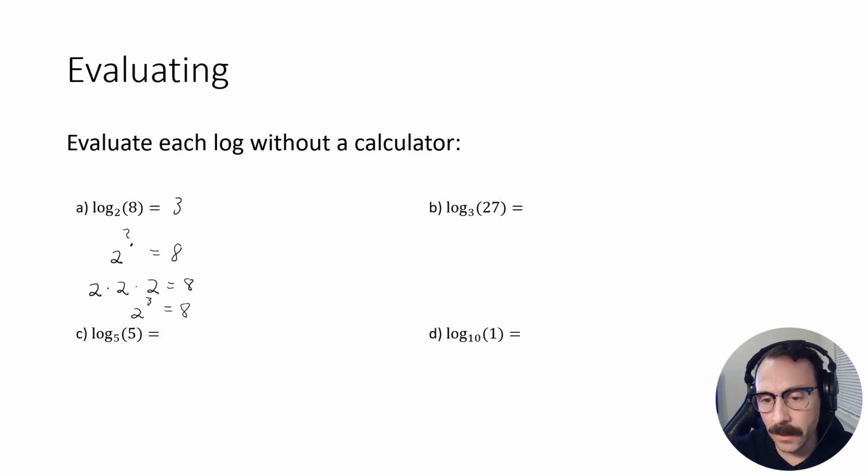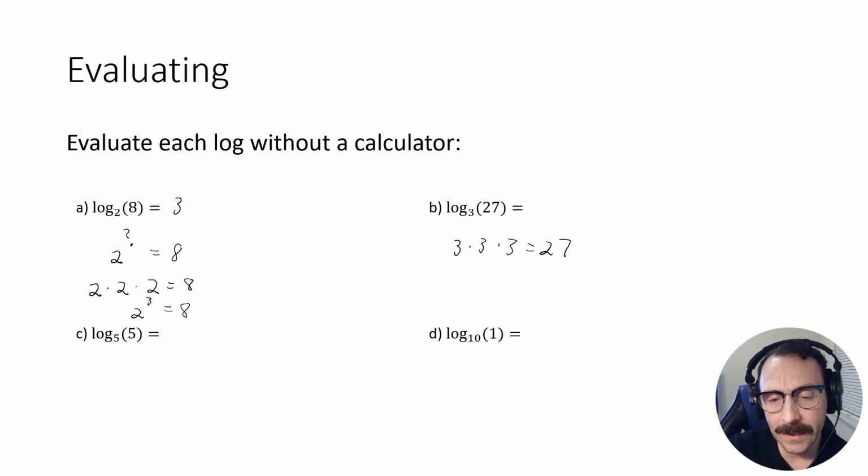Great. So go ahead, if you haven't tried it yet, try B. What we're going to do here is again start with the base, and I'm asking, 3 to what power is equal to 27? If we're not using a calculator, we can just multiply by 3. 3 times 3 equals 9, and then if I multiply 9 times 3, I get to 27.